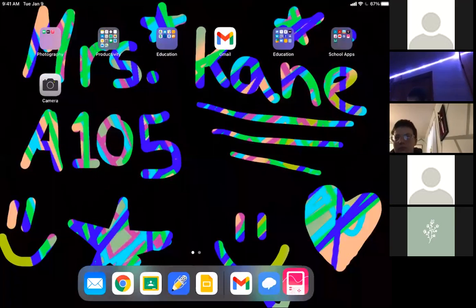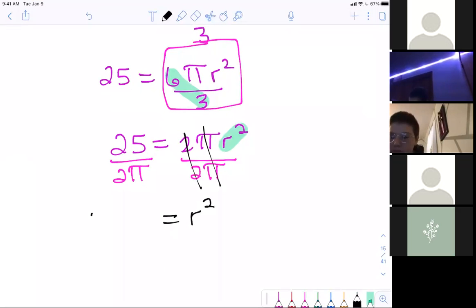So that would be the number that I have. So then the last thing, Jaden, to get r by itself would be to do what with it? It says r squared. You want to take the square root of the decimal you got, 3.978.